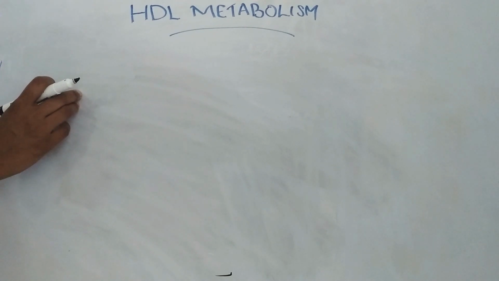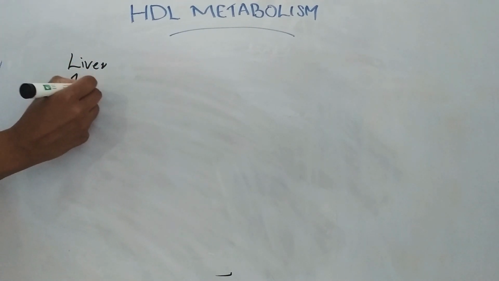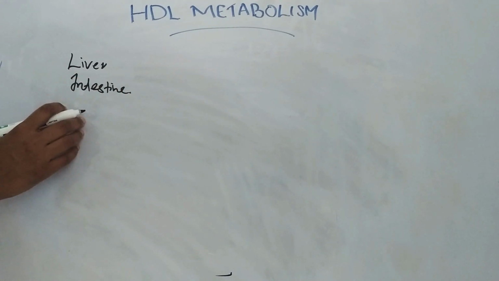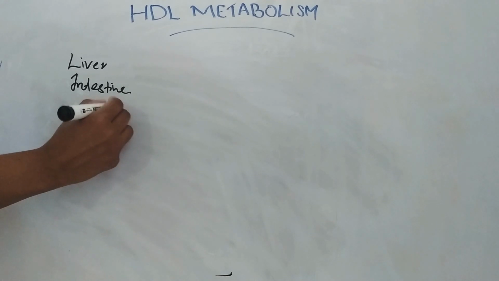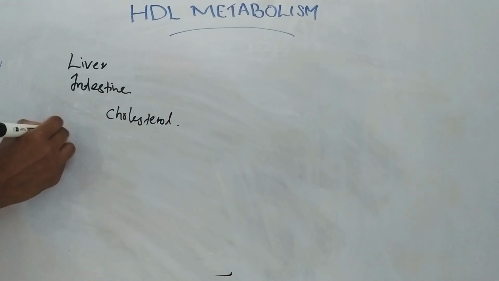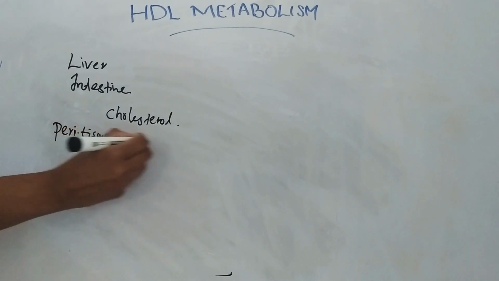HDL is a lipoprotein that is synthesized in liver and in intestinal mucosal cells. The major function of HDL is to transport cholesterol from peripheral tissues to liver.